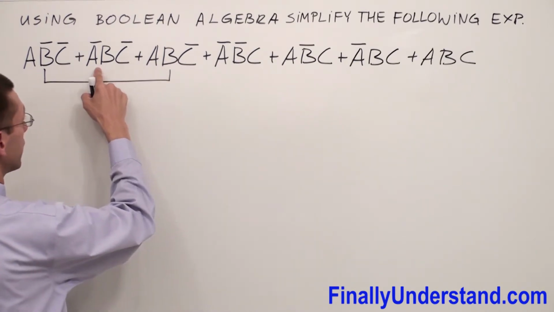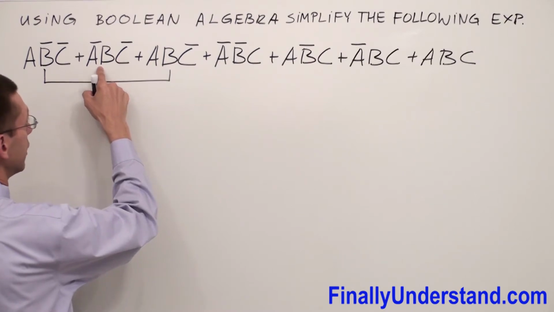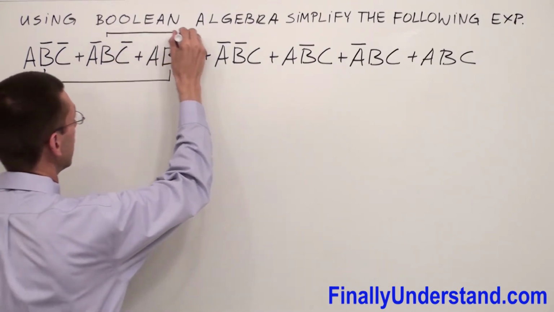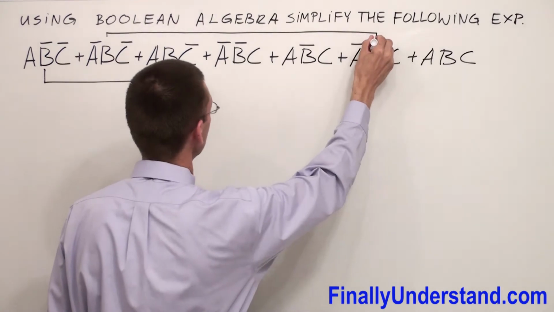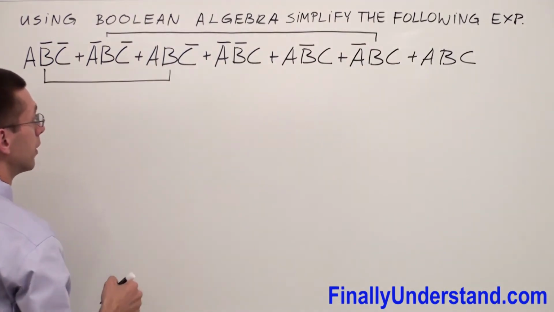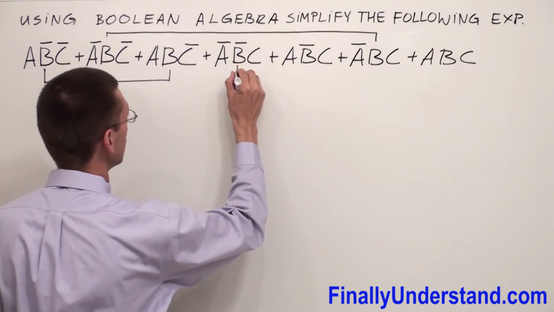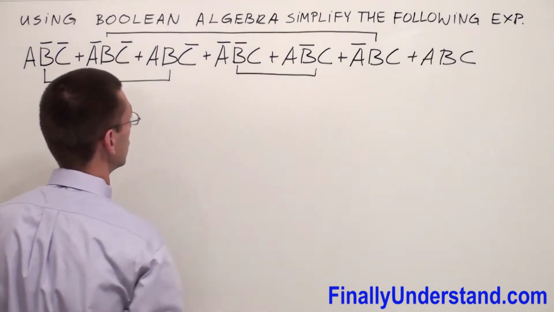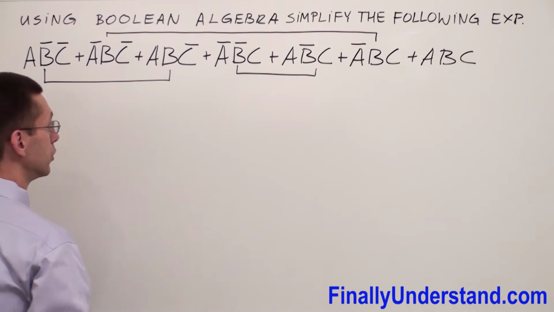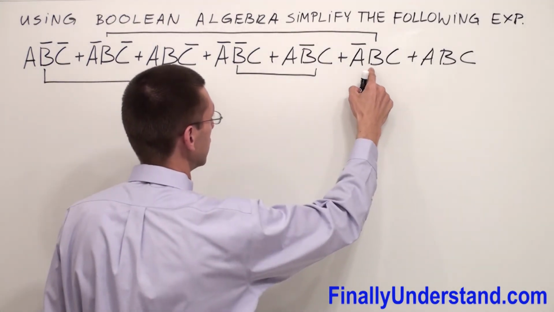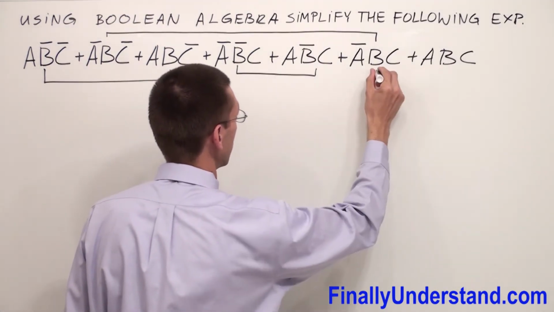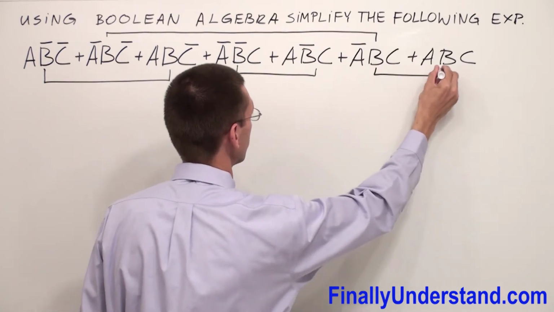Second term has a naught and b. I have another term which has a naught and b over here. These two terms have b naught c. I'm going to factorize b naught c from these two terms, and this term and this term have bc.